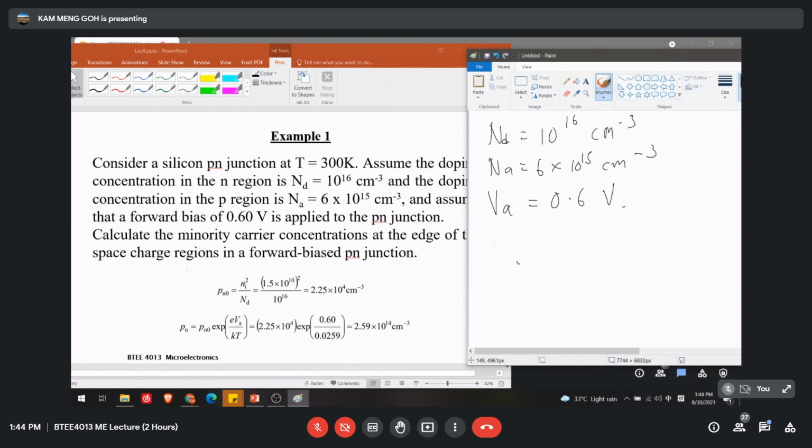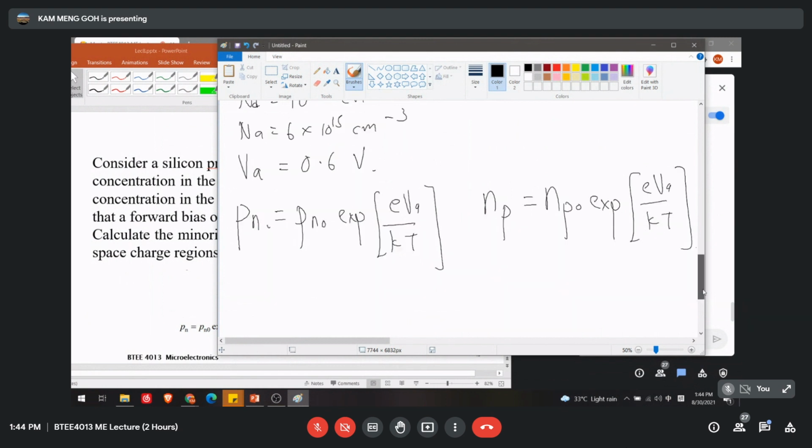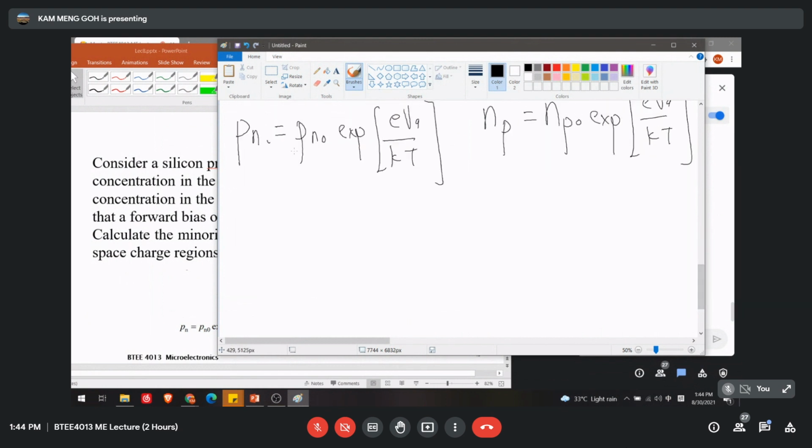At first, we need to know what formula we are using. We are going to use this PNO exponential VA over KT, and also NP equals NPO exponential EVA over KT. Then we settle the P side first.